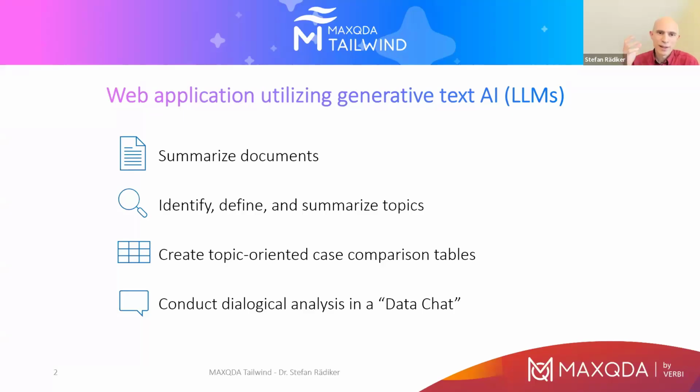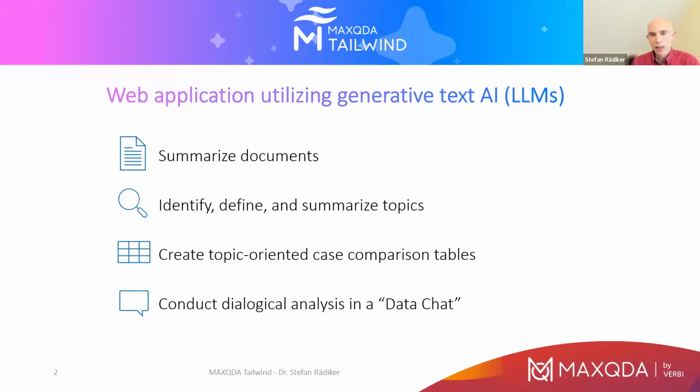The idea is that it is a web application for qualitative data analysis that utilizes this AI in a very comprehensive way. It allows you to summarize your data, to identify and summarize the topics that can be found in your documents, and to compare your cases regarding these topics by creating topic-oriented comparison tables, which we call summary grids in MAXQDA Tailwind.